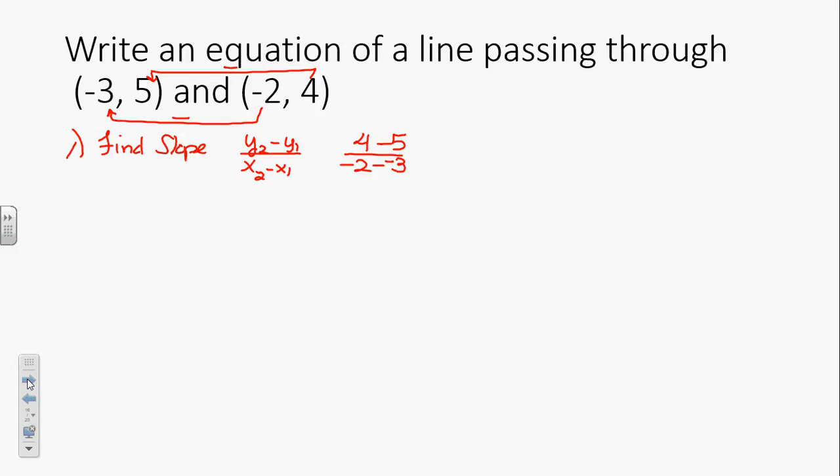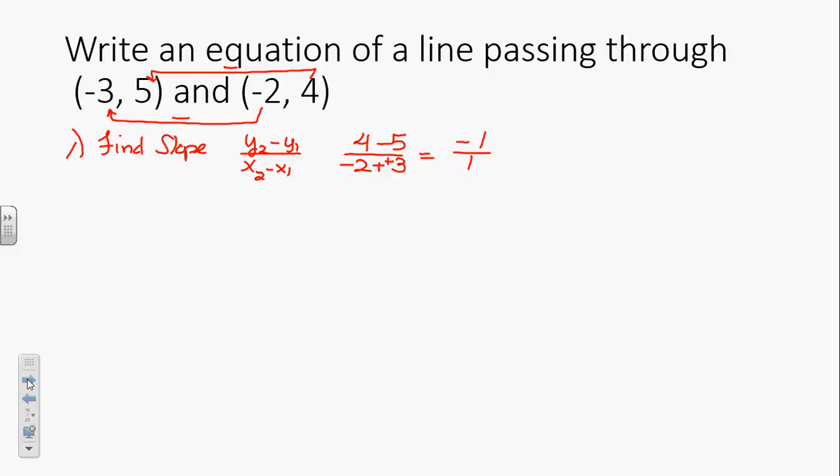Be so careful with your signs. Focus on those, pay attention. Okay? But minus minus means plus positive. So what is 4 and a -5? And then a -2 and a +3?